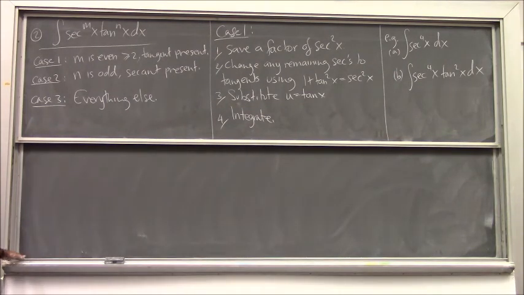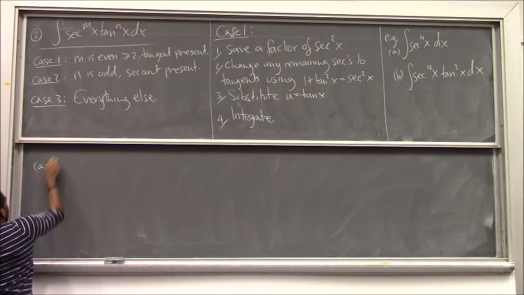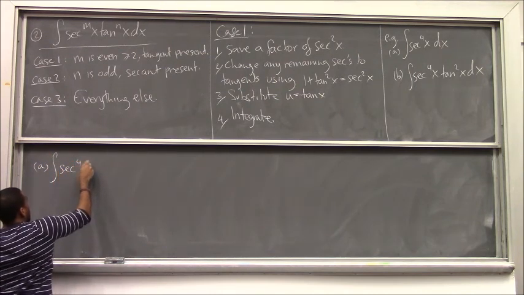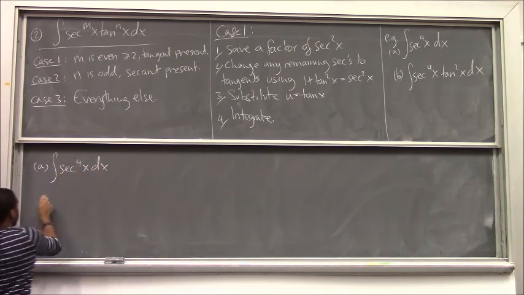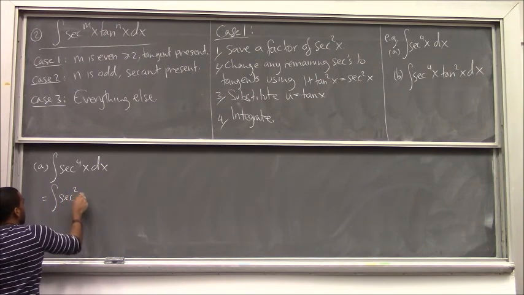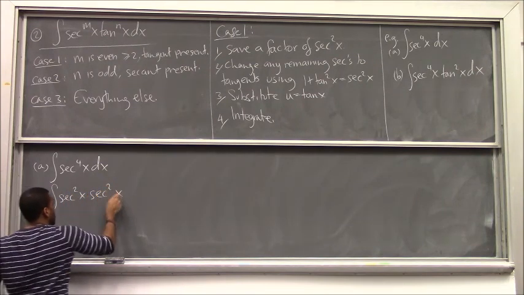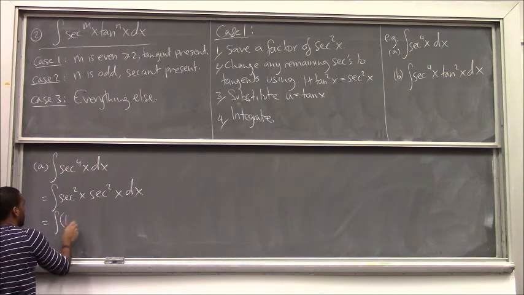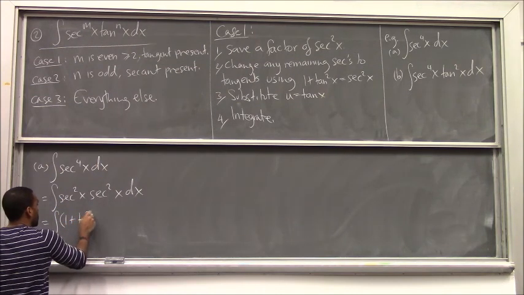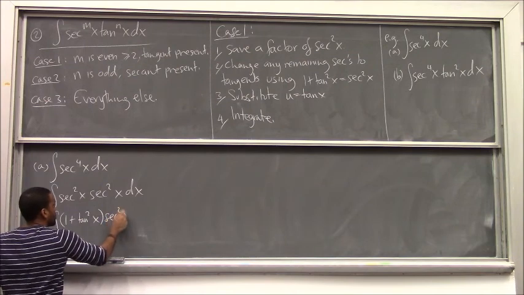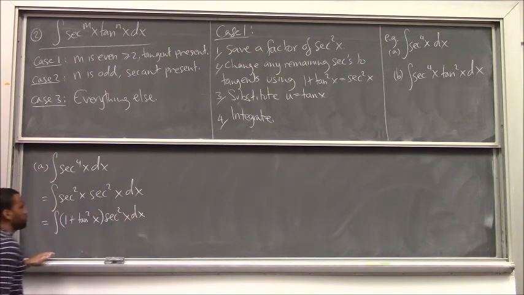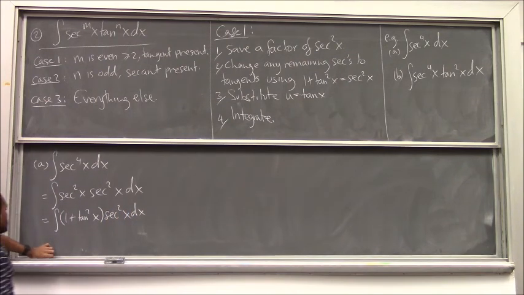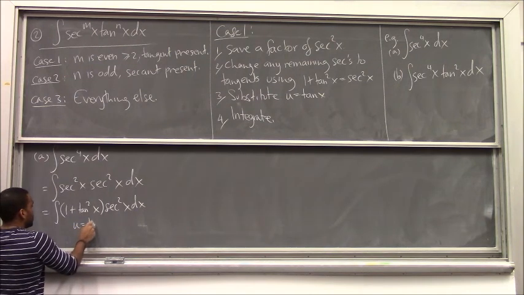So this is one it turns out where you can actually save a factor of secant squared, and it'll actually work out fine because here you can get a tangent out of this one. So you can still get away with your u equals tangent.